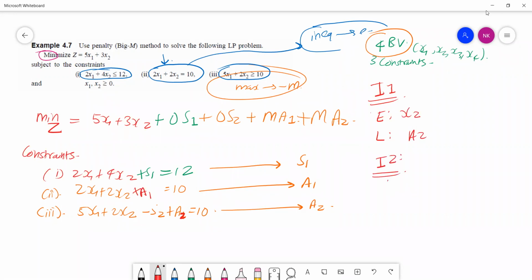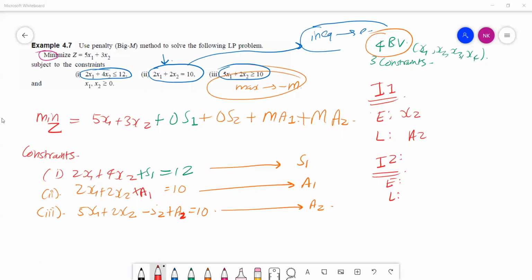Once you are done, just let me know about iteration 2. If anybody is done with iteration 2, then just let me know.